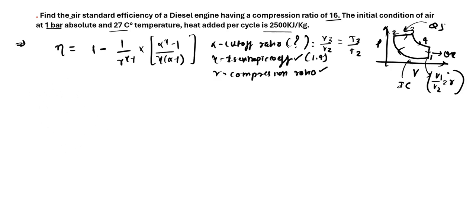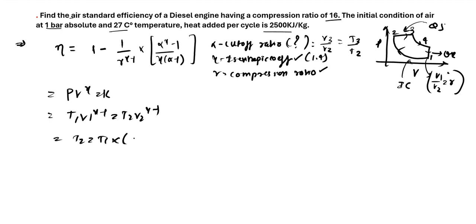So let us see how we can calculate the temperatures at point 3 and point 2. For point 2, it will be very easy because you have the isentropic compression equation, P V to the power gamma is equal to constant for process 1 to 2, which you can convert in terms of temperature and volume by writing P is equal to RT by V. For an ideal gas, you have T1 V1 to the power gamma minus 1 as T2 V2 to the power gamma minus 1. So T2 is T1 into V1 by V2, the compression ratio, to the power gamma minus 1.